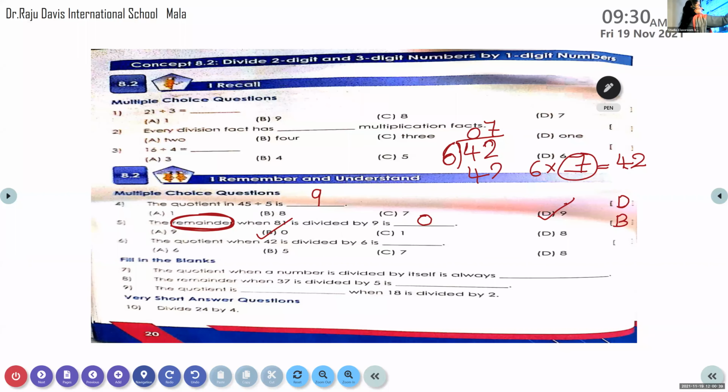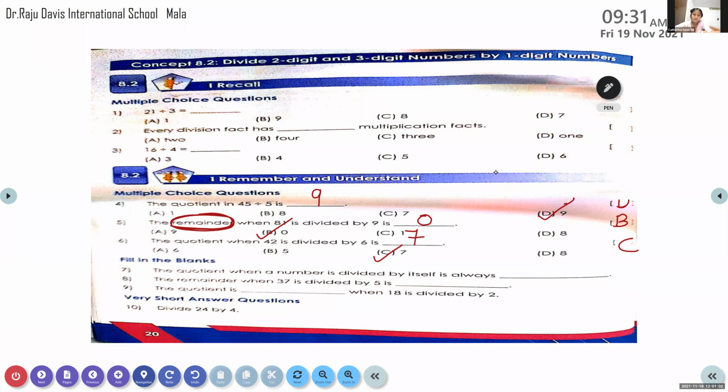Then 2 minus 2 is 0, 4 minus 4 is 0. So the quotient is 7. This up number is the quotient. So the correct option is C. Put a tick mark on C here. Thank you, ma'am.